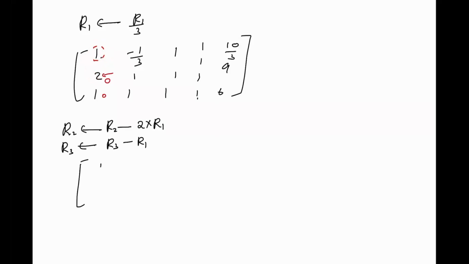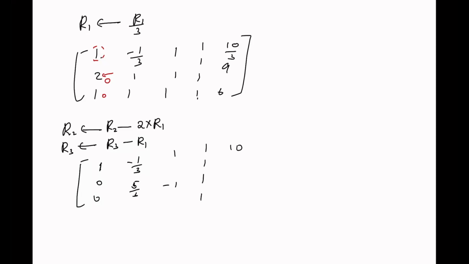So in this case, you have 1, 0, 0. And here you have minus 1 over 3. And if you subtract minus 1/3 from 1, you would get 5 over 3, right? Then here you will get minus 1, and this 1, and this is 10.